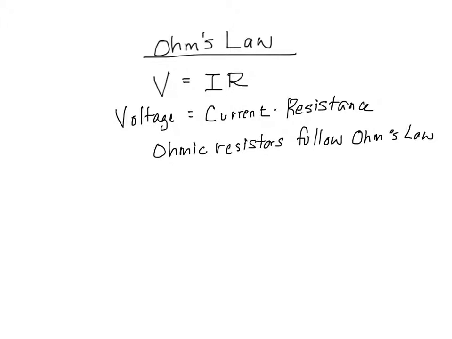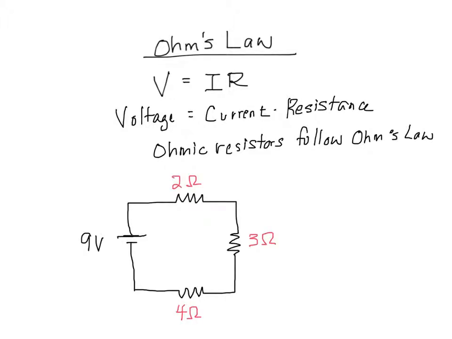So let's take a look at a simple series circuit here. Okay, I got a simple circuit down here. It's a 9-volt battery. There are 3 resistors. There's a 2 ohm resistor on top, a 3 ohm resistor off there on the right, and a 4 ohm resistor down at the bottom. So this is a series circuit. So the current is going to come out of the battery, out of the positive side, right? And it's got nowhere else to go, right?